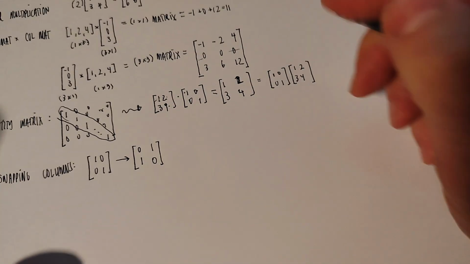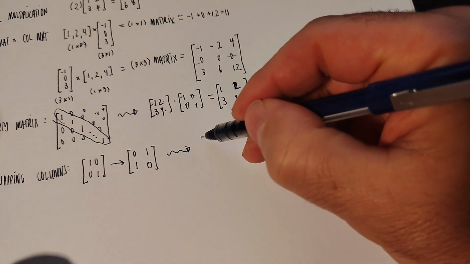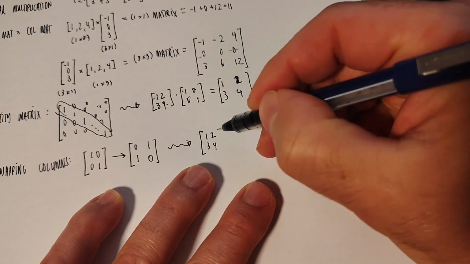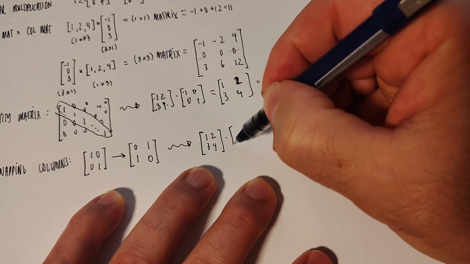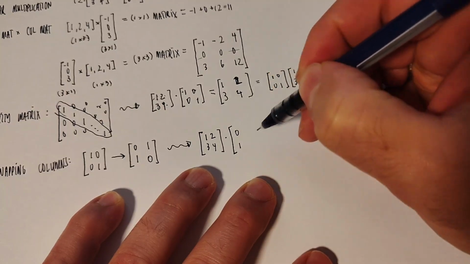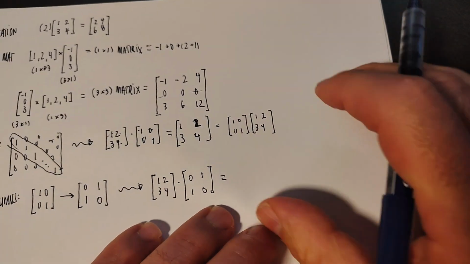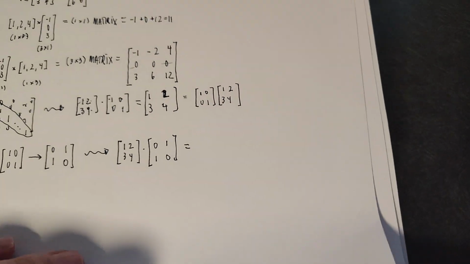Now what happens to our matrix 1, 2, 3, 4 when we multiply by that new identity matrix? Well, let's multiply it out. And hold on, something under this paper here.